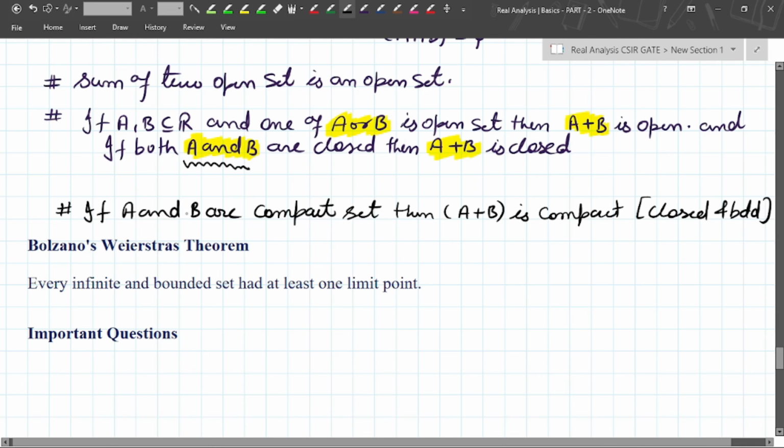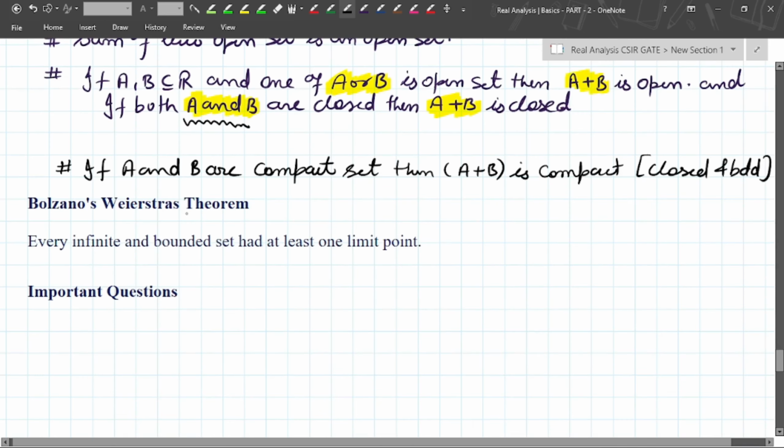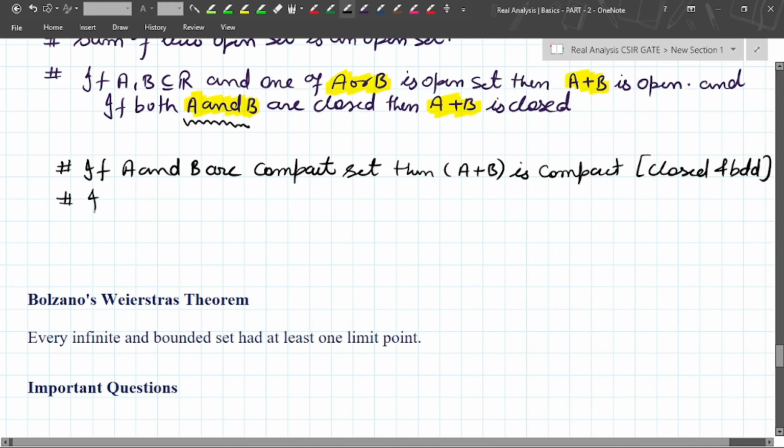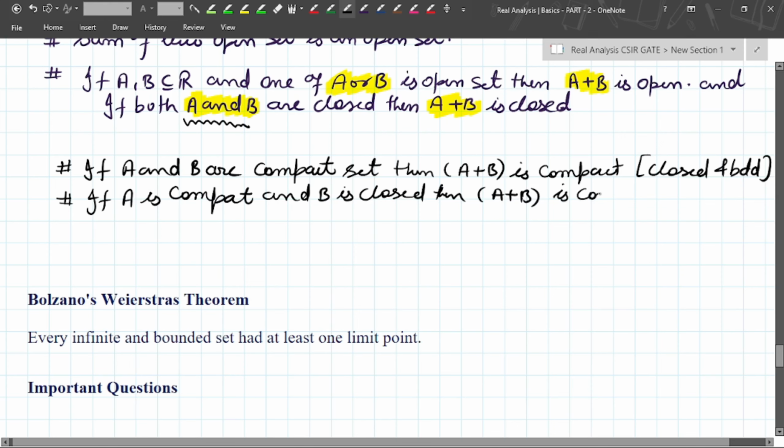One more result: if A is compact and B is closed, then A plus B is closed. If both are compact, then the sum is also compact.